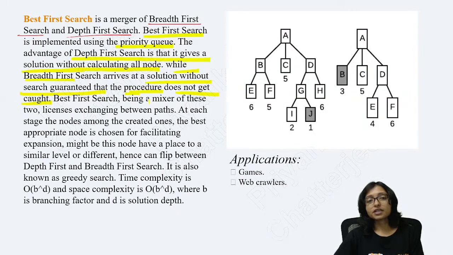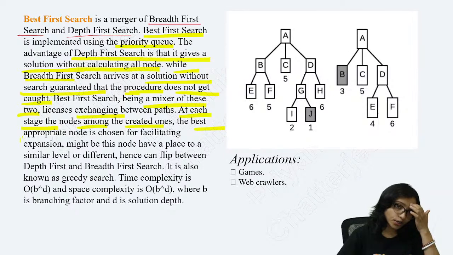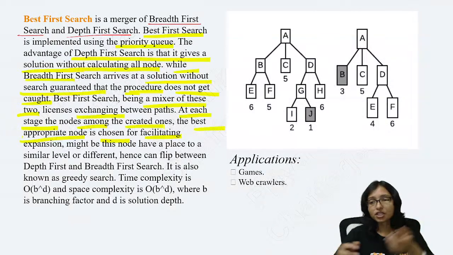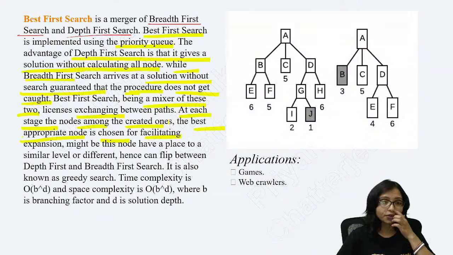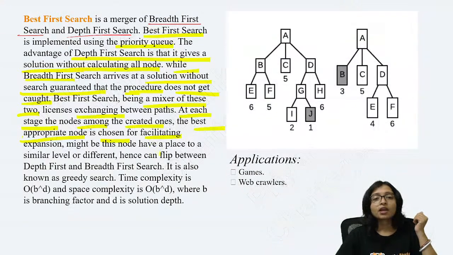But best first search is the mixture of these two, so that it can switch between the paths. At each stage, among the created nodes, the best appropriate node is chosen for expansion. So which one should I expand, for that I choose it, and hence it can flip between depth first search and breadth first search.